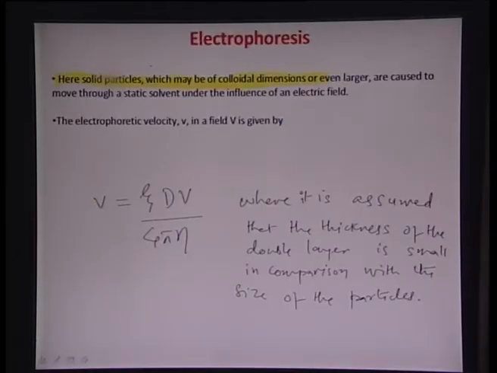So here solid particles, which may be of colloidal dimension or even larger, are caused to move through static solvent under the influence of an external electric field. The velocity is given by again zeta dV by 4 pi eta, where it is assumed that the thickness of the double layer is small in comparison with the size of the particle.